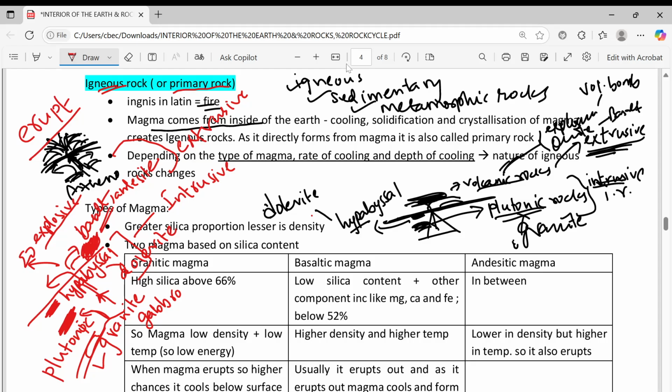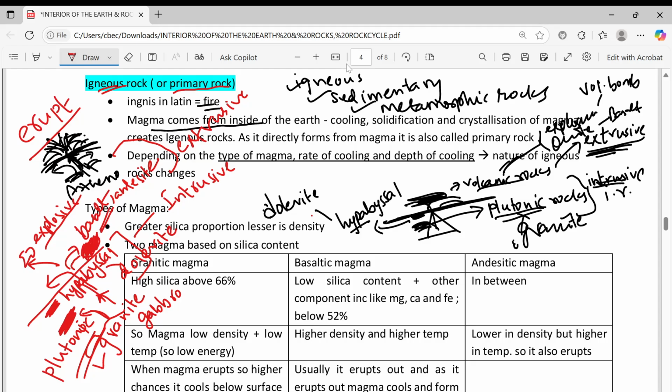Explosive, which makes more noise, for example volcanic bombs, we say. Big rocks are thrown out from the volcano. And there are quiet eruptions like basalt, it is a rock. So here one thing you have to understand, this concept is important to answer the questions actually.